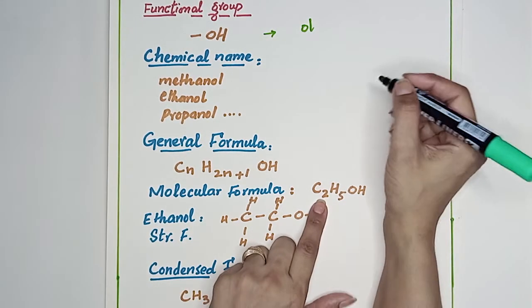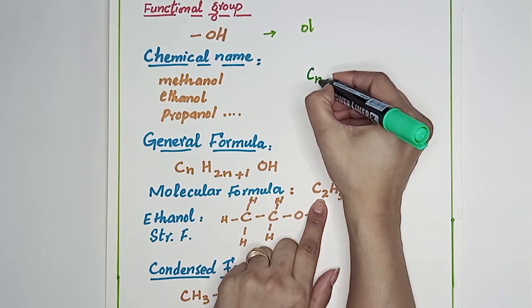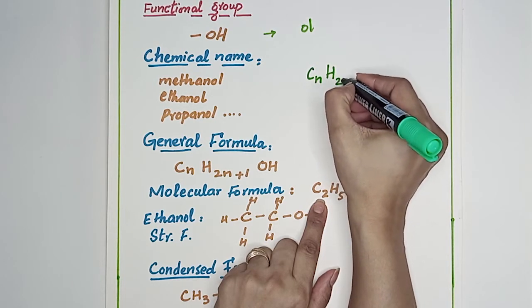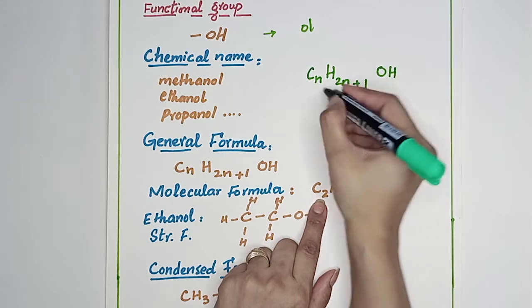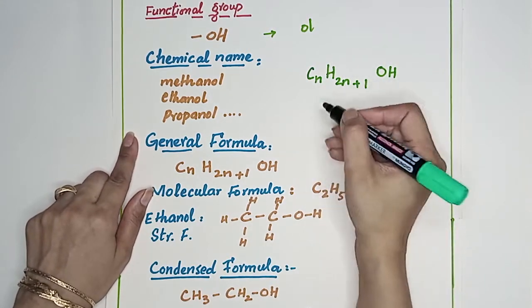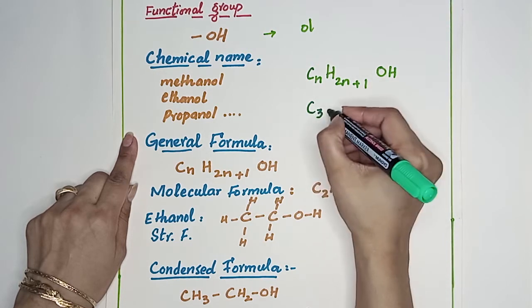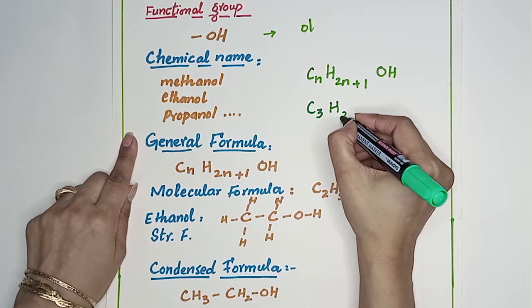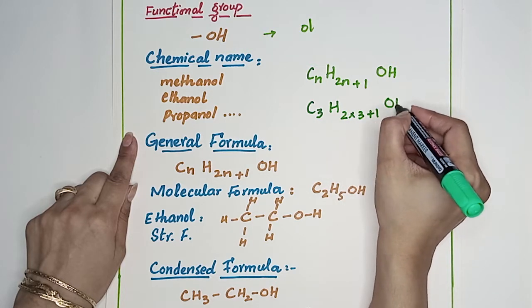For example, I have written the formula of ethanol. How will we put the value here? If we have CnH2n+1OH, and we are going to write the formula with 3 carbon atoms, how will we write it? Like this: 2 into 3 plus 1, OH.